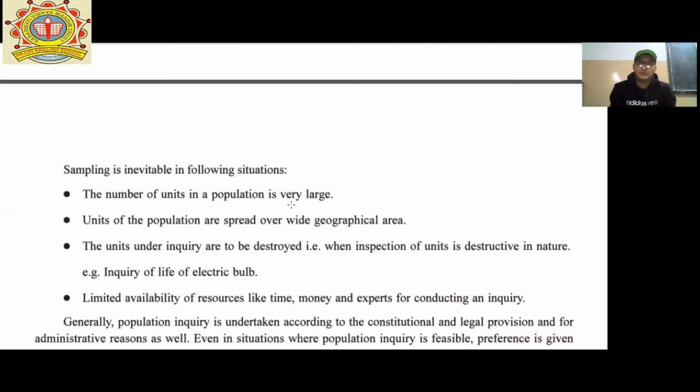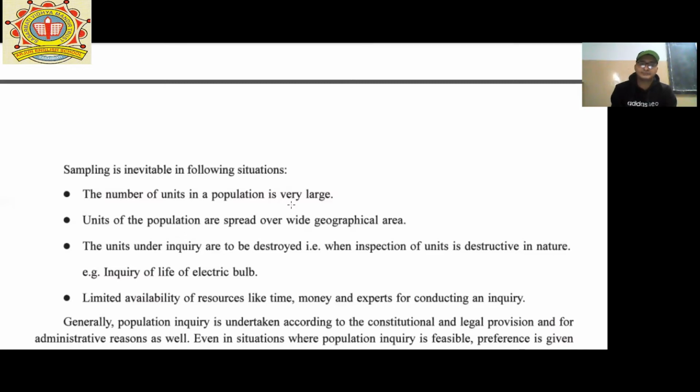So, what are the situations? Number one, the number of units in a population is very large. It means the population size is very large, so it is not easy to check each and every item or concern each and every person. To avoid this situation, we use random techniques.